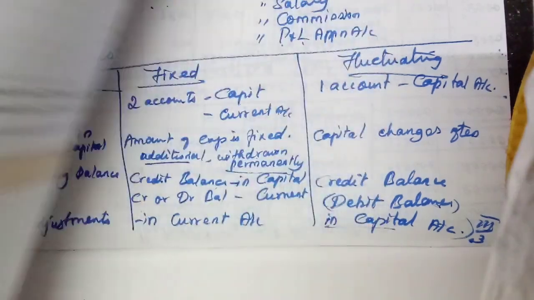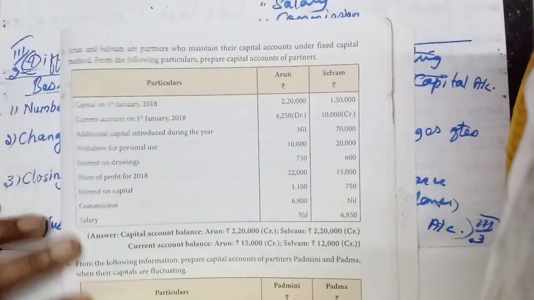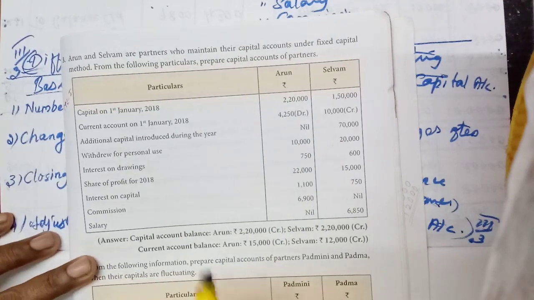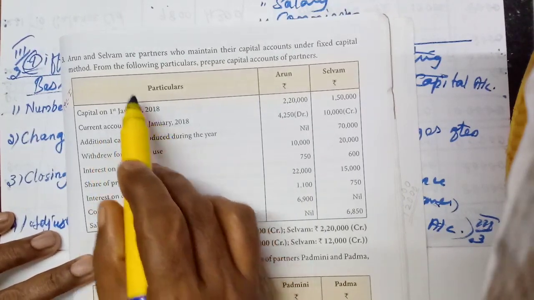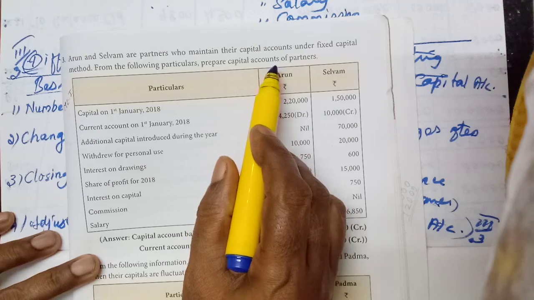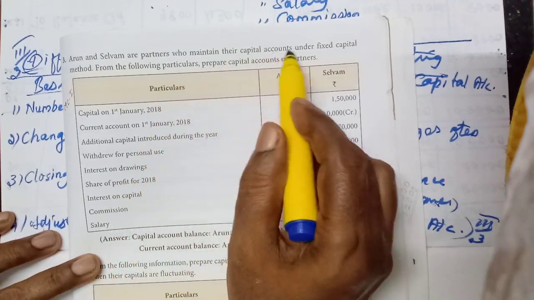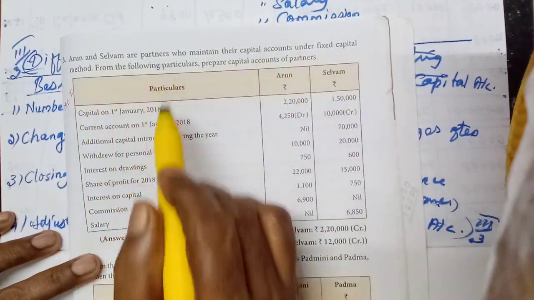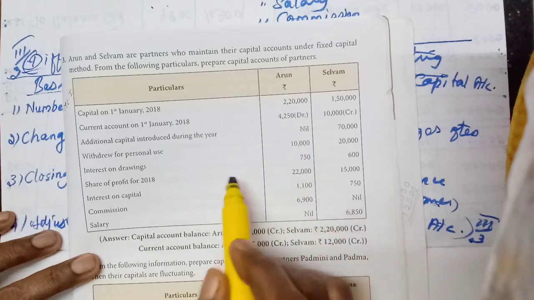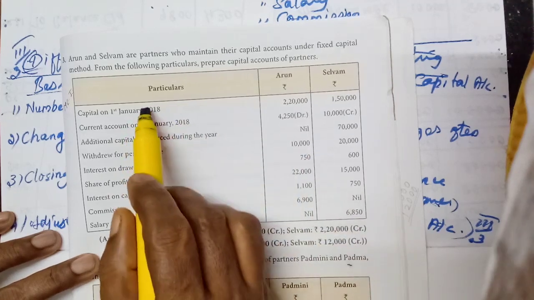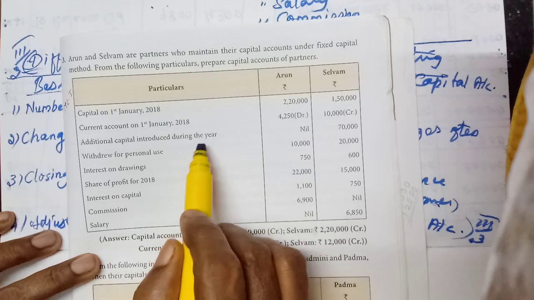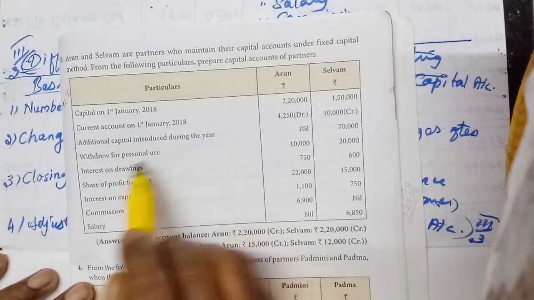Then the third problem. Here also prepare capital accounts. They maintain their capital accounts under fixed capital. Here also two accounts. First one capital. In the capital, additional capital introduced. Then withdrew for personal use.